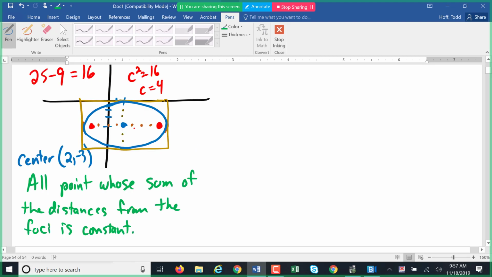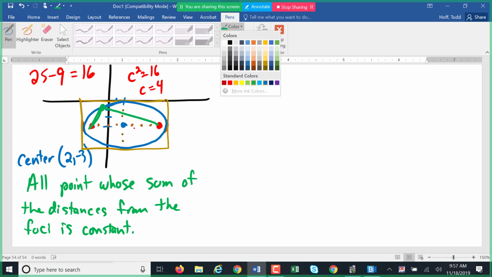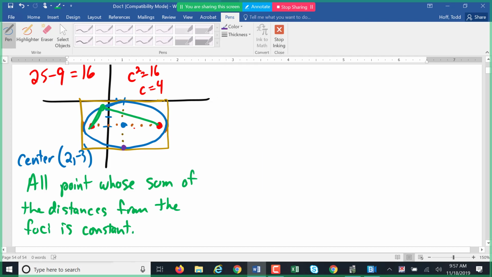So any point on that ellipse, if I pick a point here, that distance to that focus, adding them together will be the same as if I pick a point here and I add that distance to that focus and that distance to that focus. Those sums will be the same.